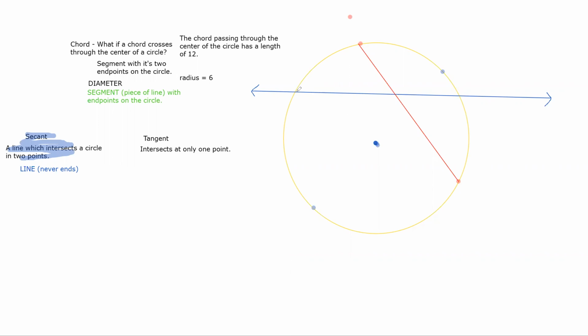But you see the secant never ends. So this is our secant. Okay? Now let's look at a tangent. A tangent will intersect at only one point. It might intersect at this point right here. Supposed to be green.